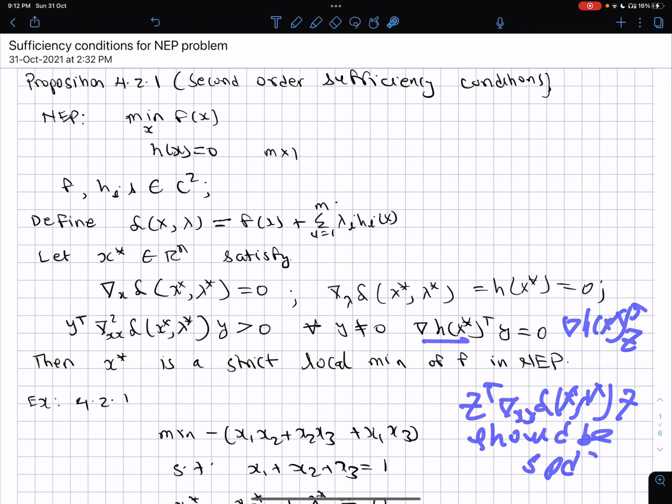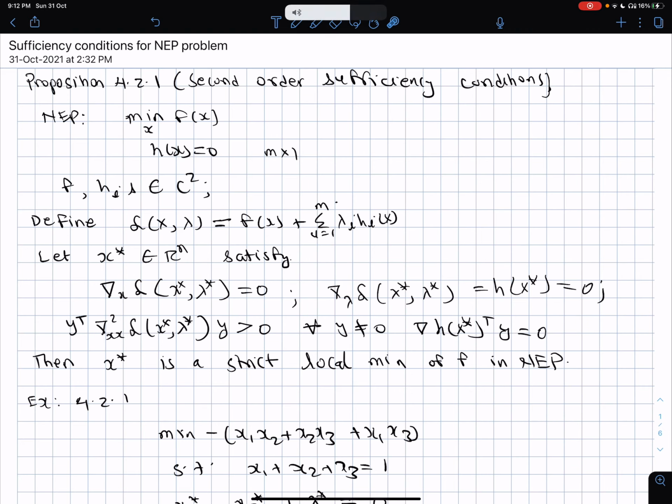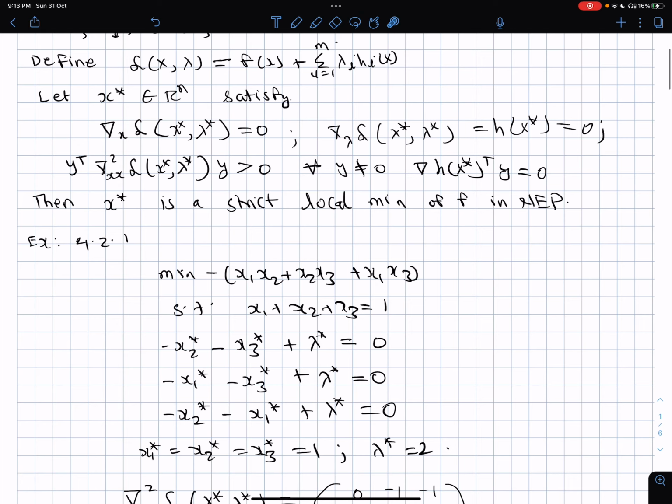There's another way of writing it, the way Bertsekas has written it: let H be the set of all vectors that are in the null space. Then each such vector in the null space will give a positive curvature with respect to the Hessian of the Lagrangian function.